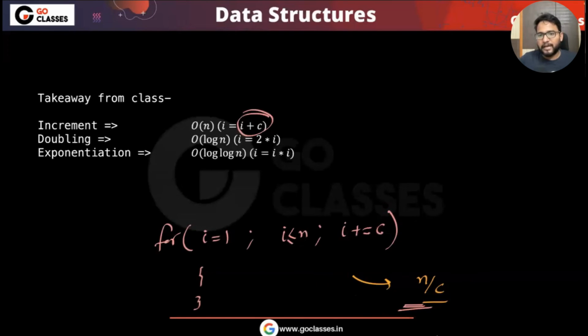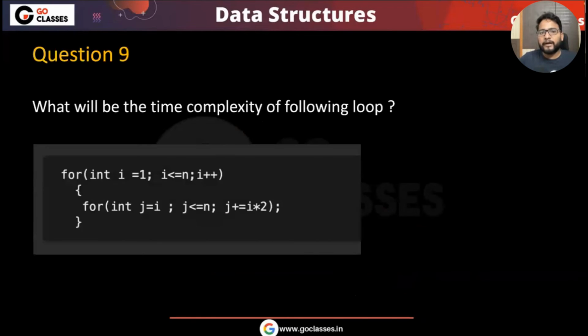That's what we have seen, n by c times if you add c. Now, instead of adding c, if you add 2i every time, then how many times will it run? Can anyone tell me how many times this loop is going to run? See, first of all, the difference between initialization and this is n minus i, divided by 2i. n minus i divided by 2i.